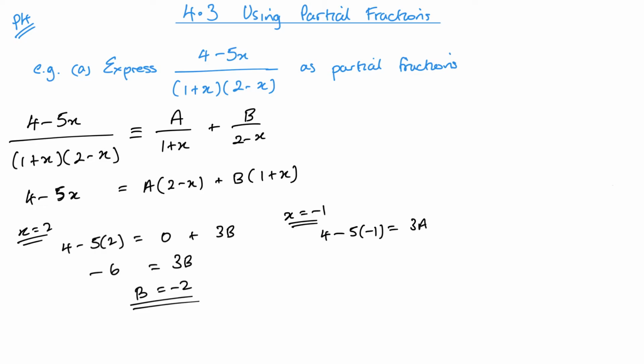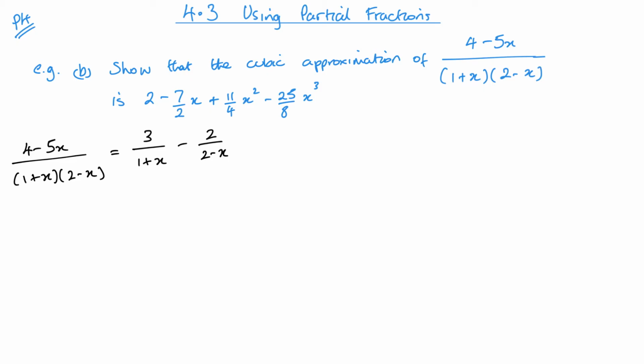And now we've got 4 minus negative 5. So 4 plus 5 is 9, equals 3A. So A equals 3. Now I can quite clearly see that this is going to be 3 over 1 plus x minus 2 over 2 minus x.